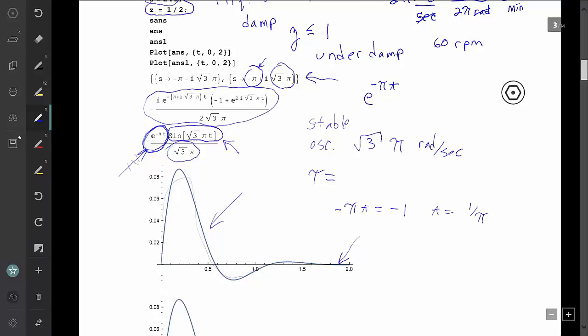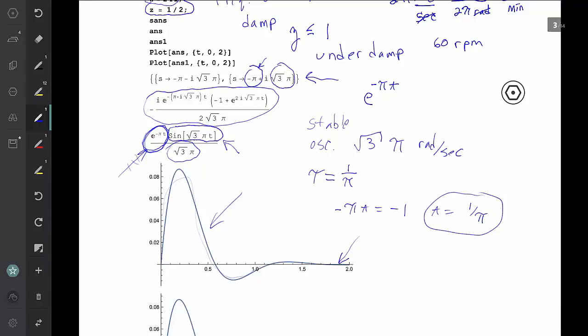The easier thing to do is you take the real part, you change the plus and minus sign so it becomes positive in this case, and then you take 1 over that value. So the time constant, looking at the s equation, is 1 over pi, which is what I'm calculating here. So that's the time constant.